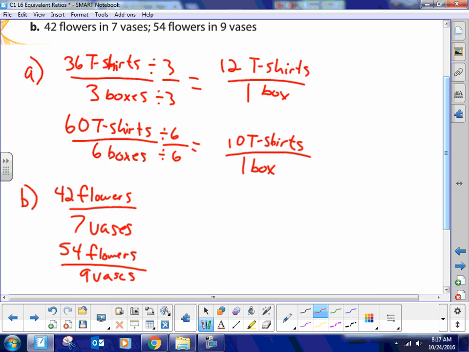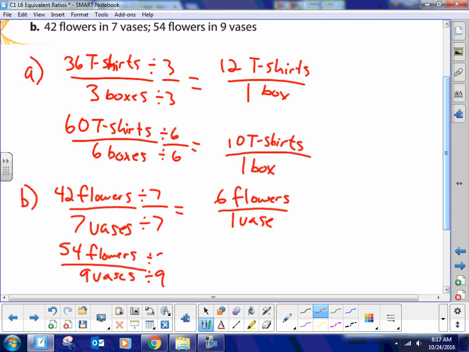We're going to divide both of these by the denominator to get into its unit rate. And 42 divided by 7 is 6 flowers in 1 vase. This one down here, we're going to divide by 9.